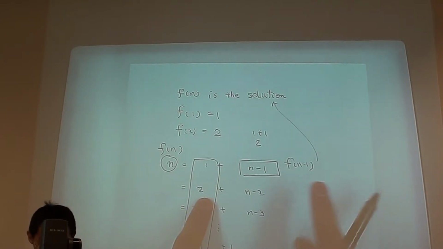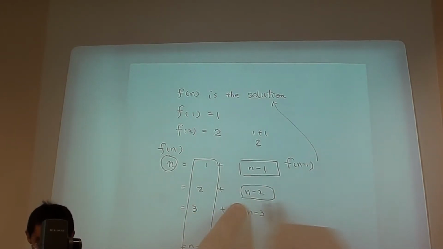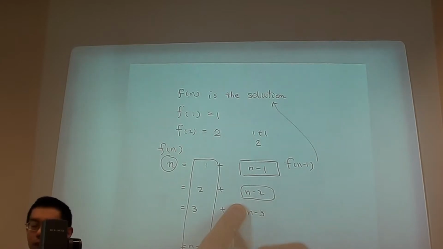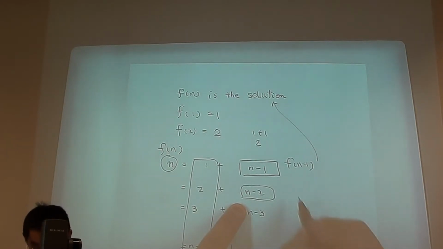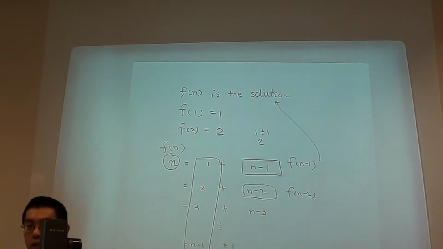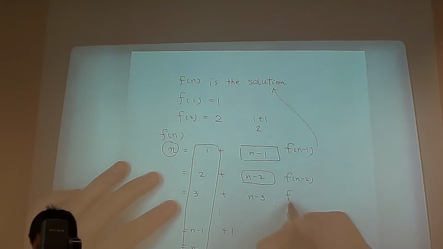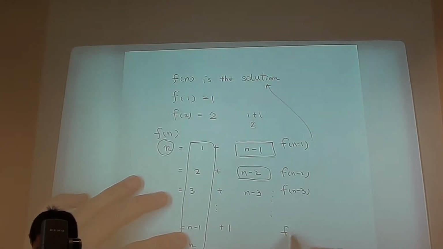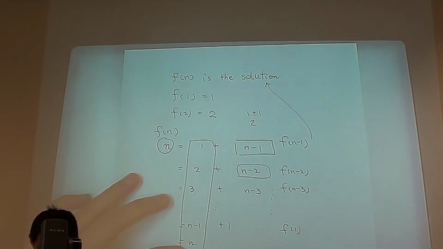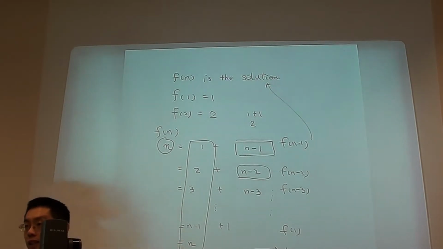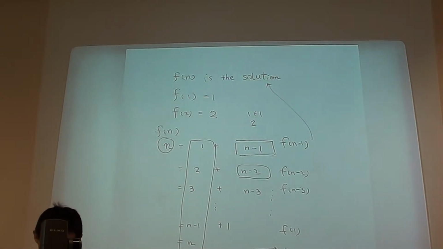If the first number is 2, I need to partition n minus 2. How many ways can I partition n minus 2? Fn minus 2. I'm making progress. And so on. So this will be Fn minus 3. And this will be F1. And this will be 1 itself. We can define F0 as 1, or we'll just write 1 here.